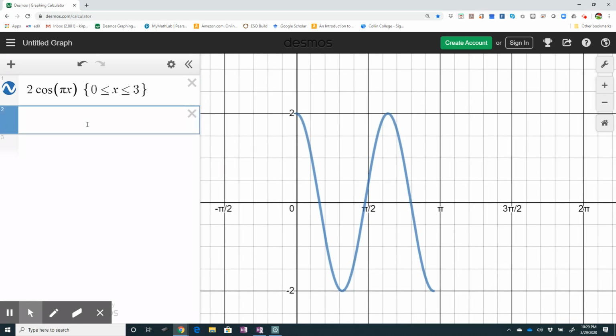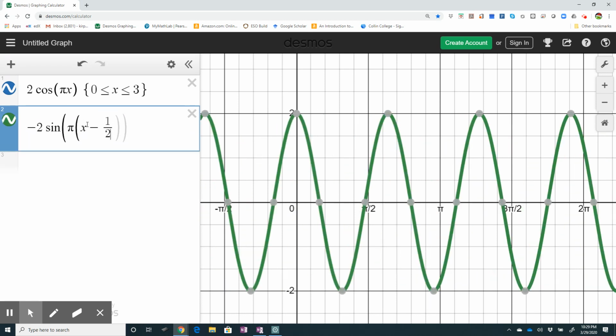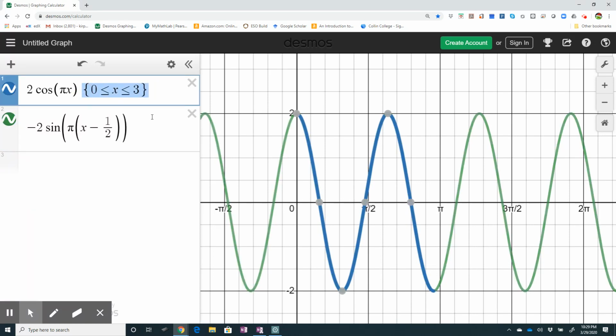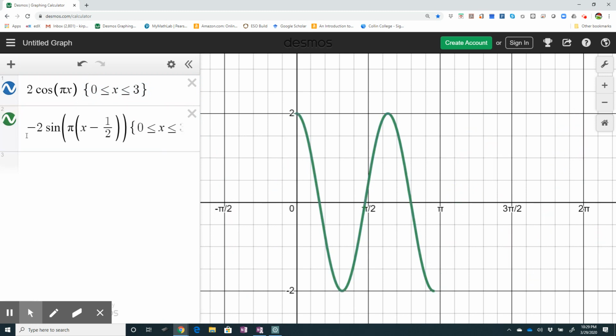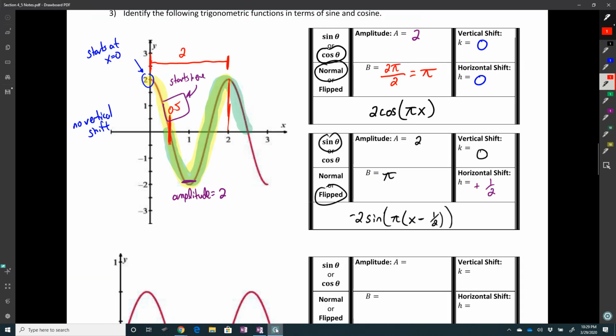And if we graph the other one, it was -2 sine of pi x minus 1/2. And notice that that's still the same thing. And so it's the same picture. All right, moving on to the next one. Hopefully you got that right.